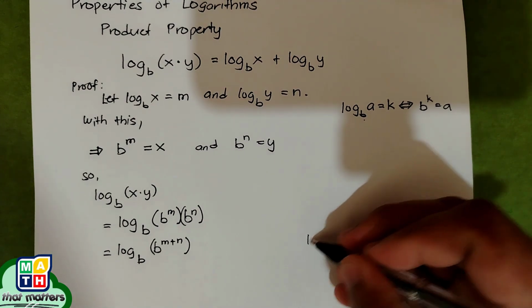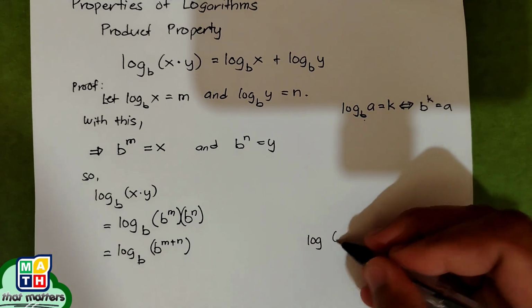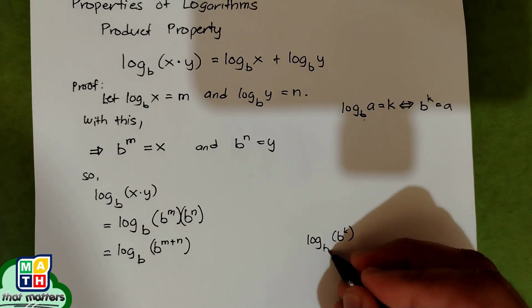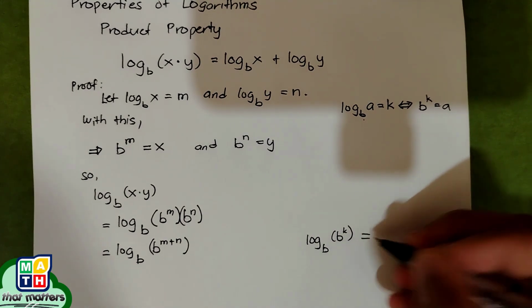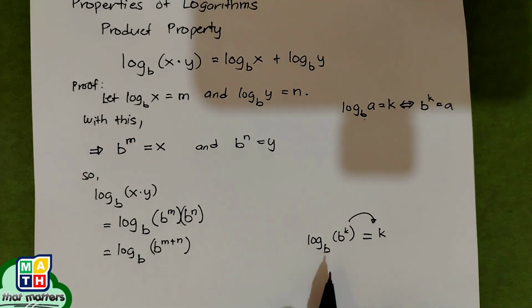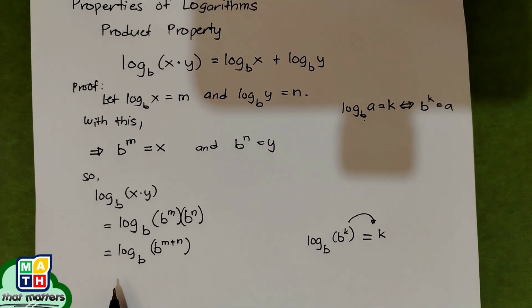That inverse property tells us that if we have the logarithm of a certain exponentiation, but the base is the same as the base of the logarithm, this is equal to the exponent k. This is the inverse property of logarithm, already proven in the previous video. That's why we started with that before this property.